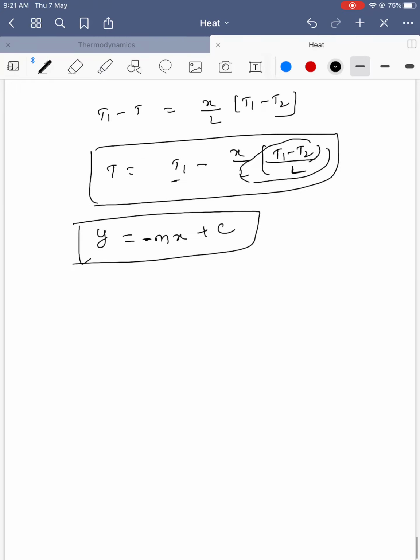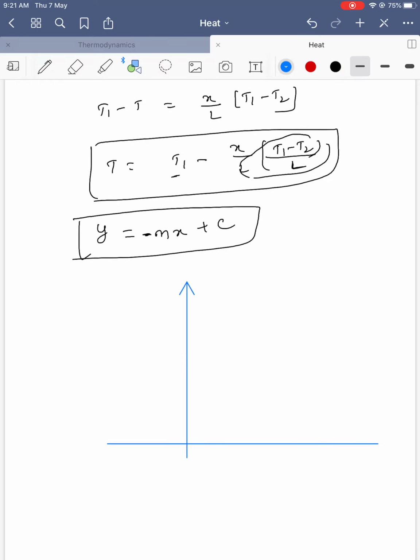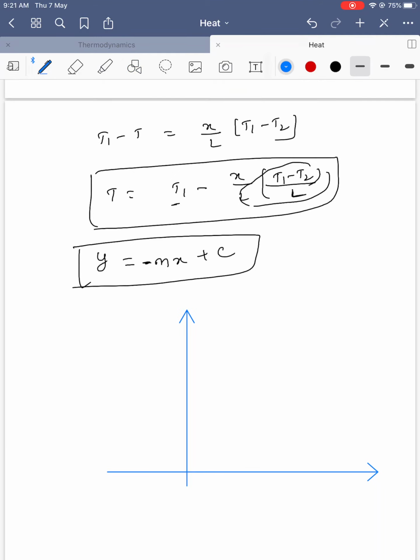How does the graph look if you draw it properly? The temperature is reducing from T1 initially, where T1 is greater than T2, and from there it diminishes like a slope. What is the slope? T1 minus T2 by L. So it comes up to length L, a straight line to T2, and this is the x-axis, the length.